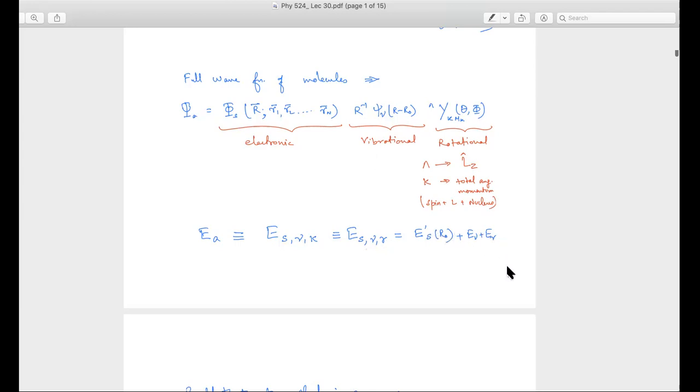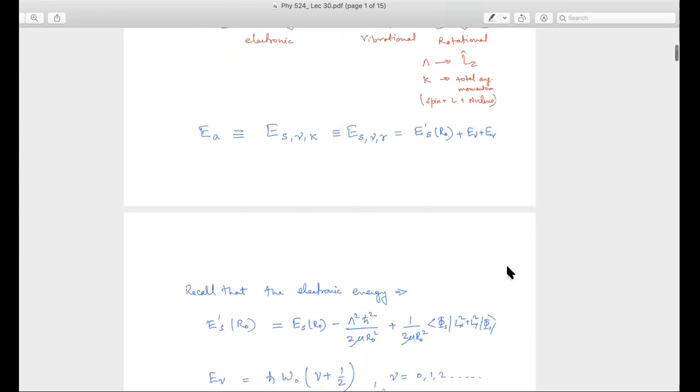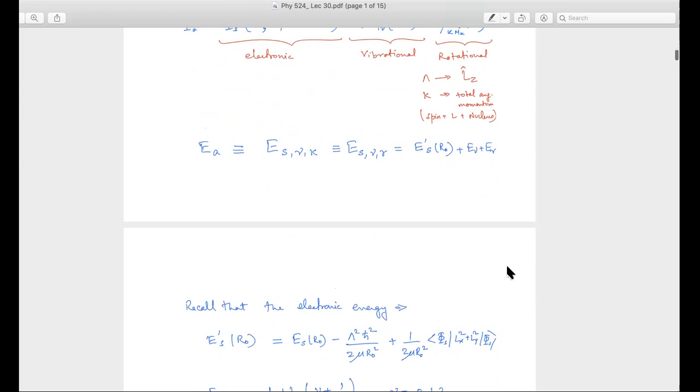So these are the approximations that we did, and within this approximation, I can just write them as separate terms, basically. I've ignored spin orbit coupling, spin nuclear spin coupling, and we have ignored the coupling between these degrees of freedom also. Okay.